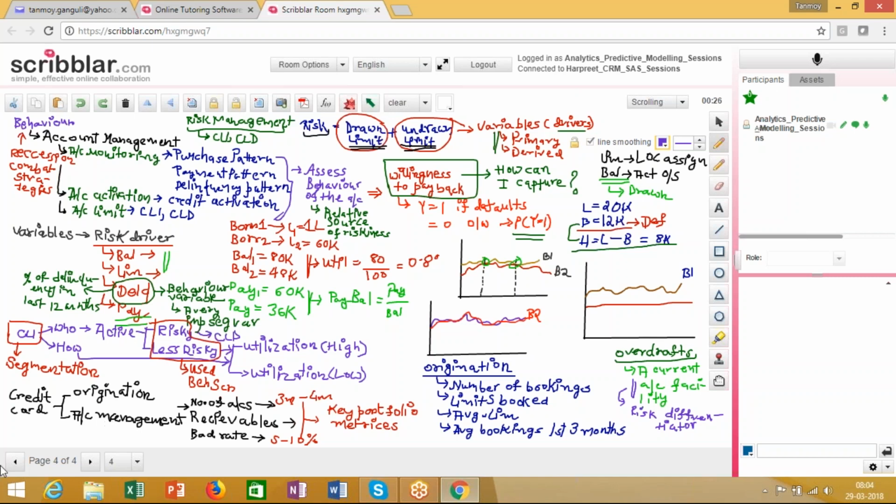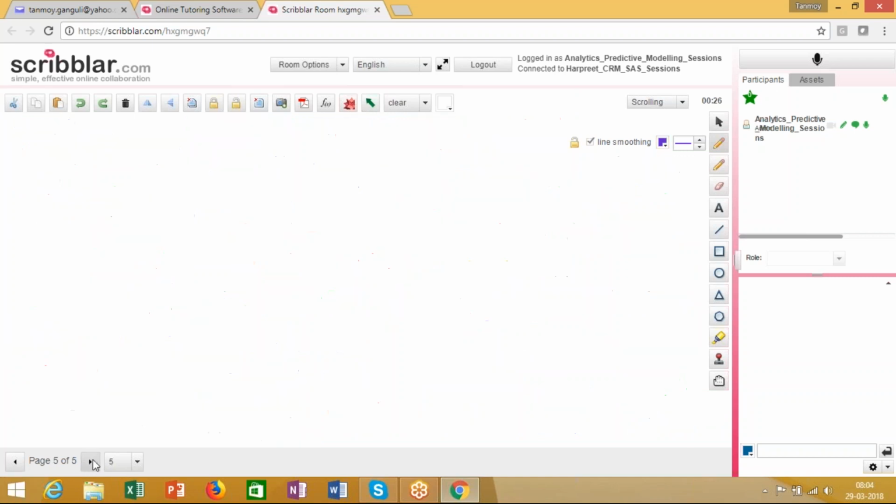So an overdraft is nothing but a current account, or as some geographies call it, the checking account portfolio.